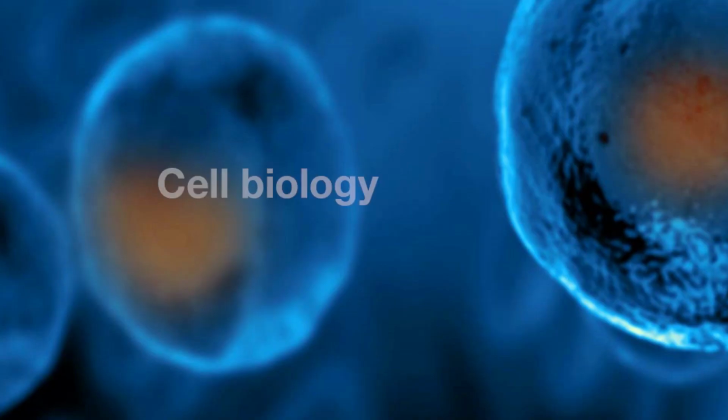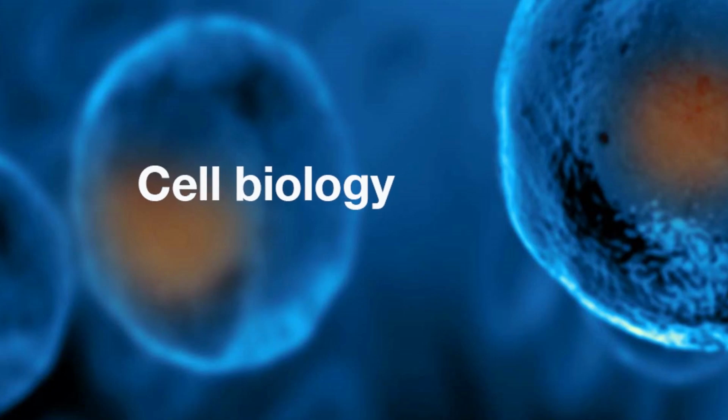Now, we will revise each topic one by one in brief, so that you will have a glimpse of the coverage of your course. In the basic biology part, we can say part 1, you have learnt about cell biology.